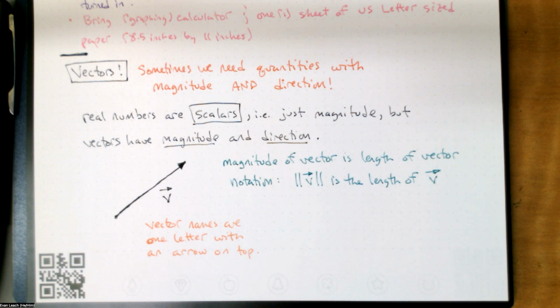So the absolute value of 5 is 5. The absolute value of -5 is also 5. It's just how far are we from zero? So in that way, it's the length of the number. Here we have the length of an arrow pointing off in some direction, so it makes it different than just an absolute value. Note that the magnitude of the vector is a scalar.